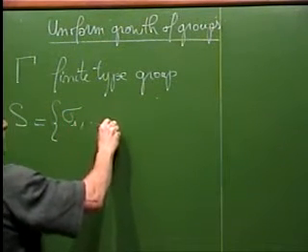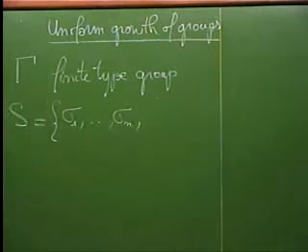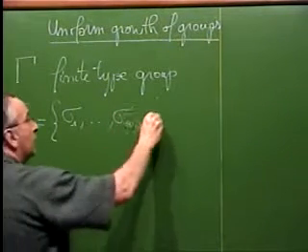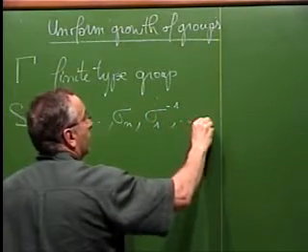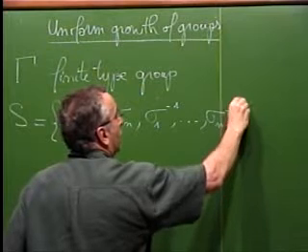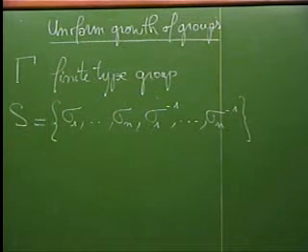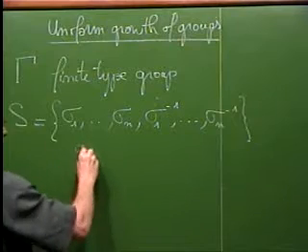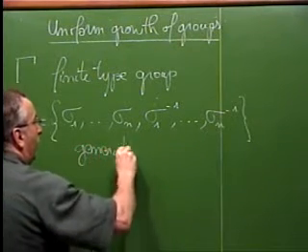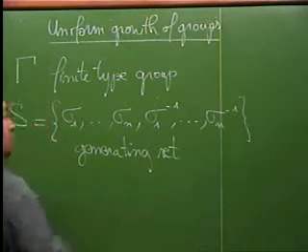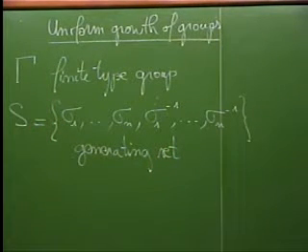So let me call sigma_1 up to sigma_n the generators, and I'll put in the generating set the inverses, which is something we do quite often. So a group of finite type, that is, it is finitely generated, and I pick a symmetric generating set, finite of course. We could take the full group as generating set, but it would not be so clever. So I specify that I want an infinite group and a finite generating set.